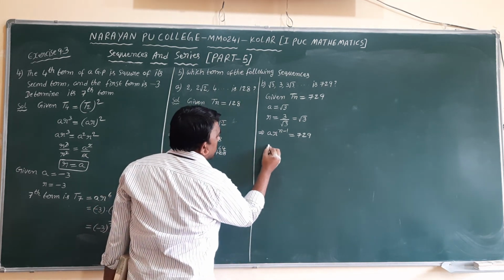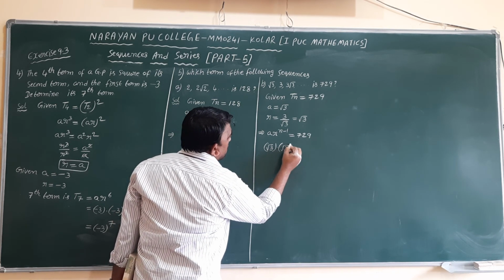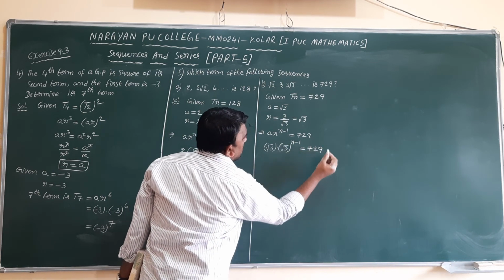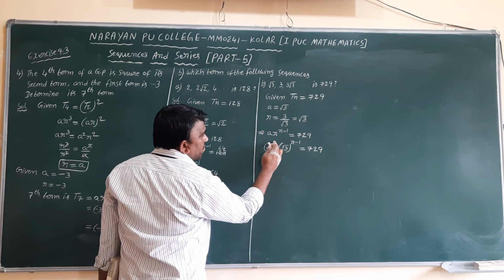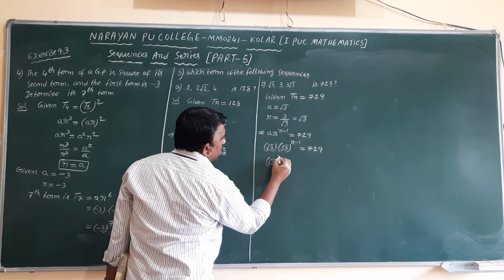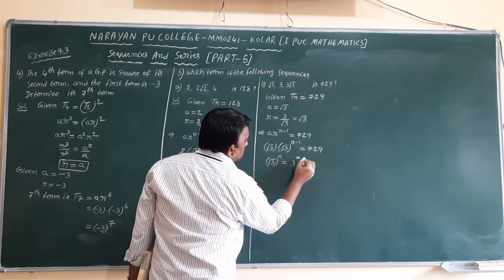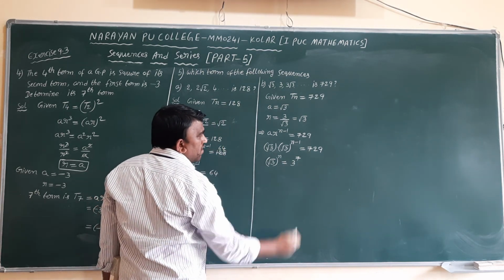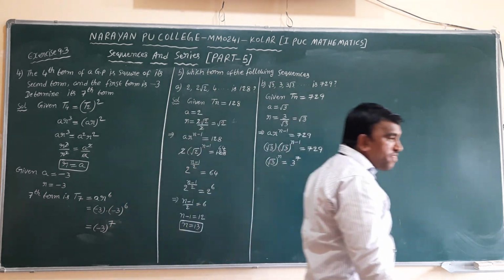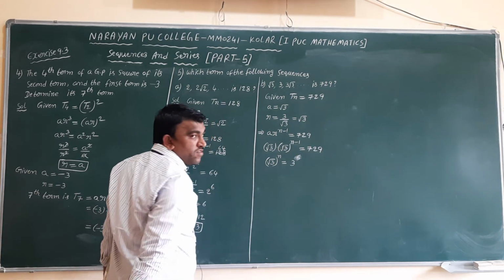So A value root 3 into root 3 power n minus 1 is equal to 729. Here bases are same, powers we should add. Root 3 whole power 1 plus n minus 1, minus 1 plus 1 cancel, n. This we can write as 3 power 6, since 3 power 6 value will give 729.